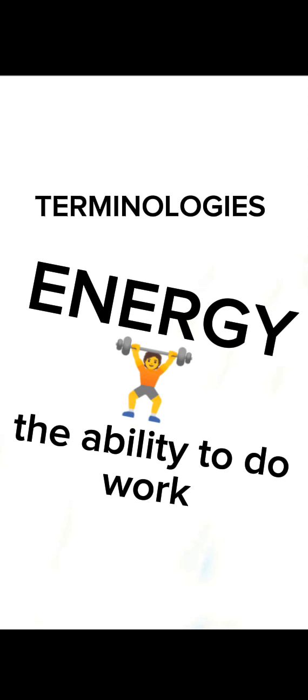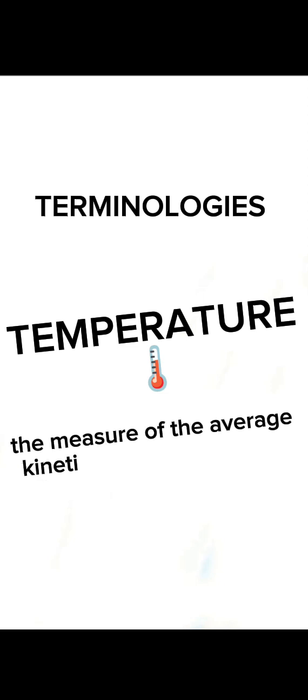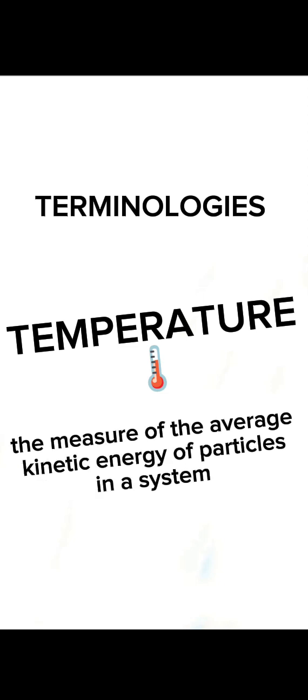The second terminology is temperature. Temperature refers to the measure of the average kinetic energy that is contained by a system. So the temperature describes how much kinetic energy the individual particles contain.